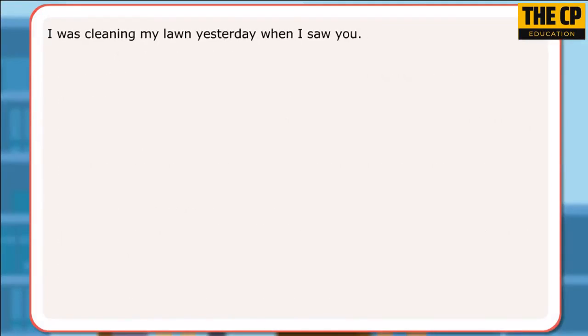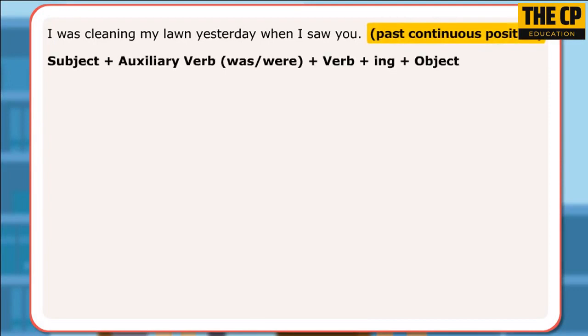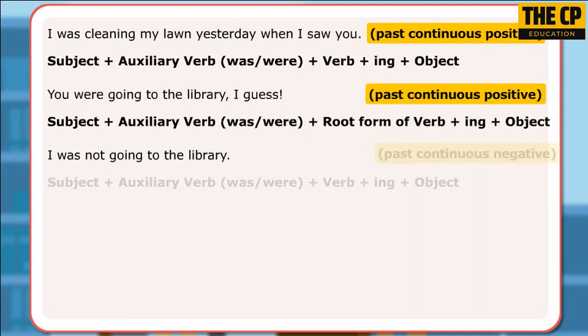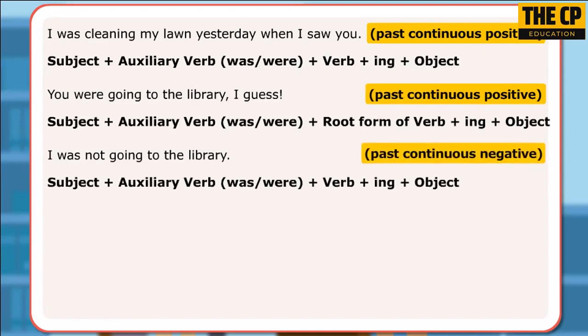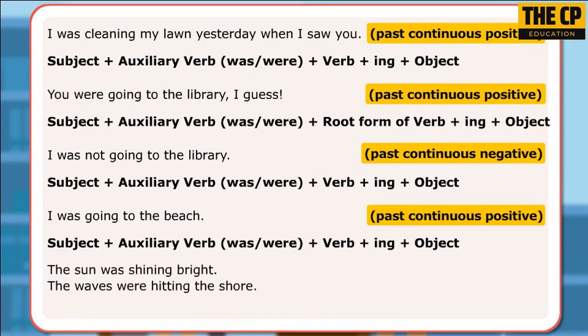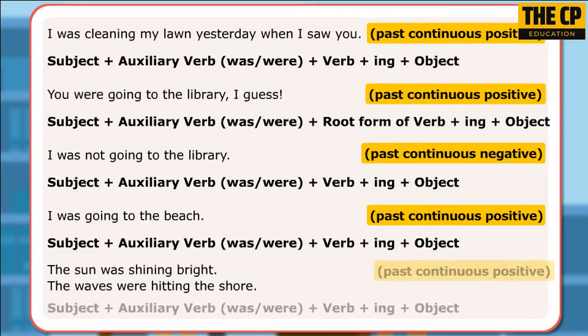I was cleaning my lawn yesterday when I saw you. Past continuous positive. You were going to the library, I guess. Past continuous positive. I was not going to the library. Past continuous negative. I was going to the beach. Past continuous positive. The sun was shining bright. The waves were hitting the shore. Past continuous positive.